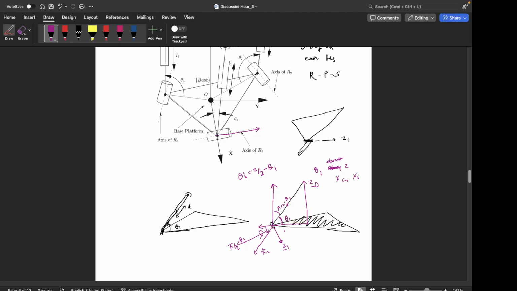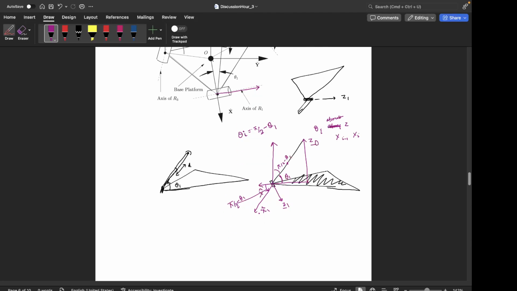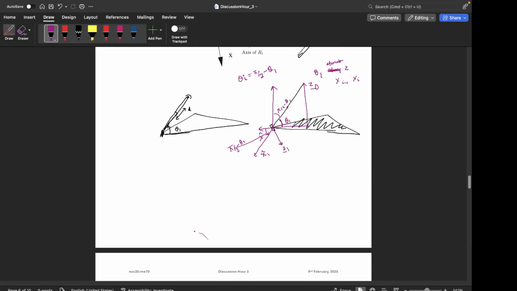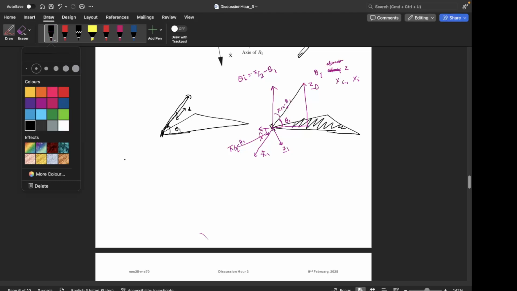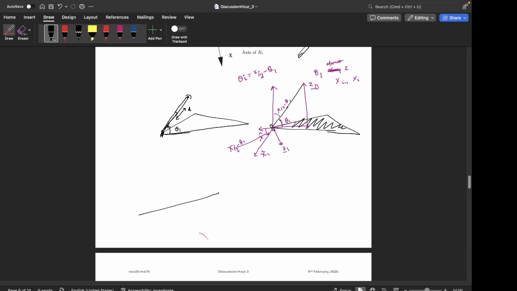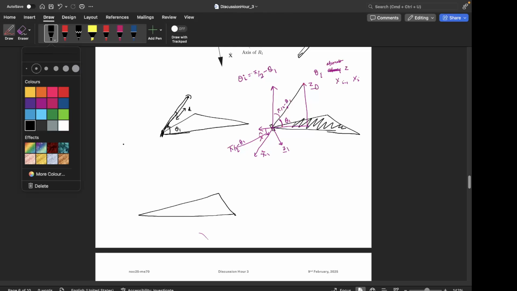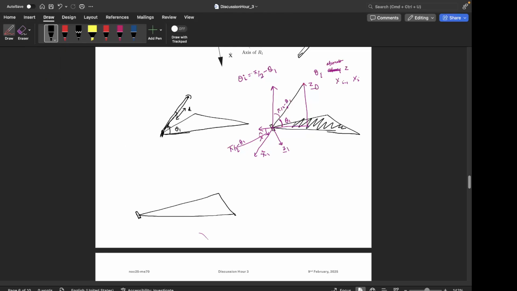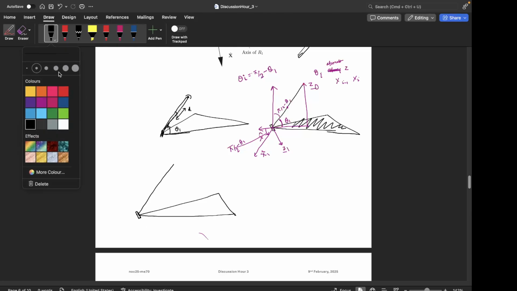Let me draw this again and see if the explanation holds consistently. So this is the base, this is the link, and this is the prismatic one. Now let me draw the frames.